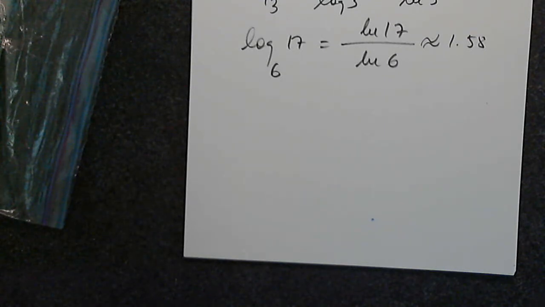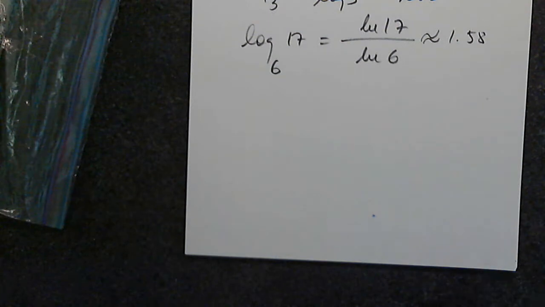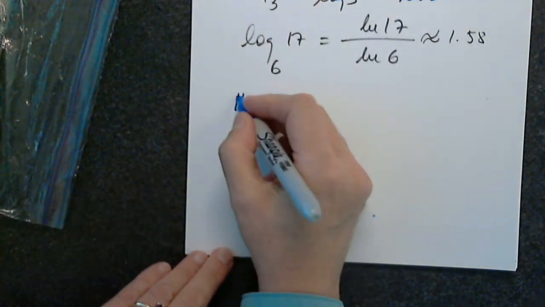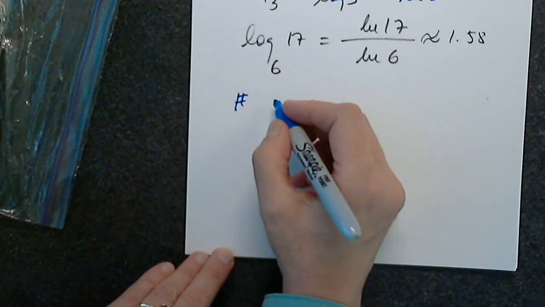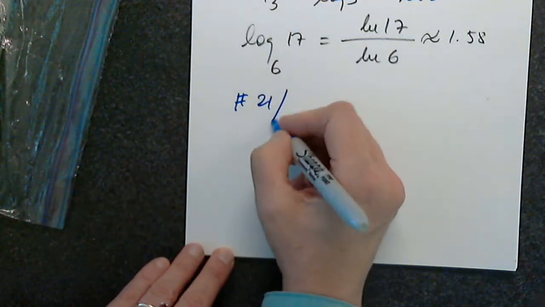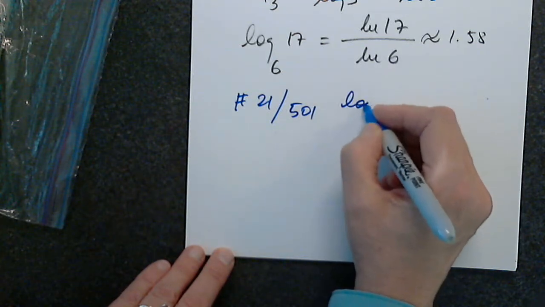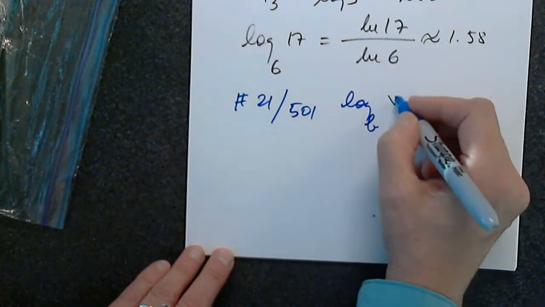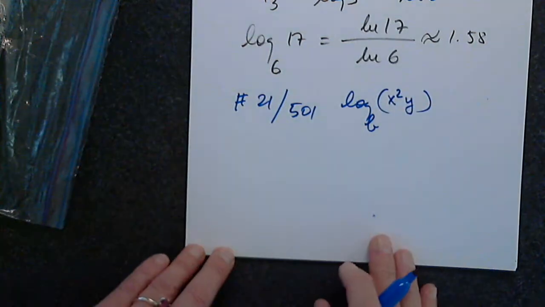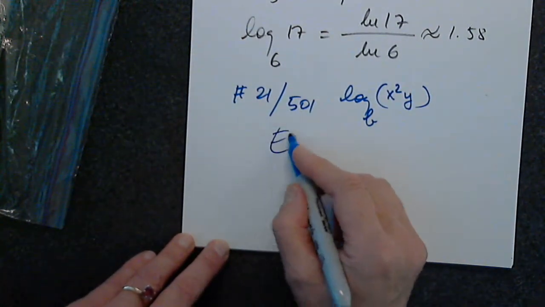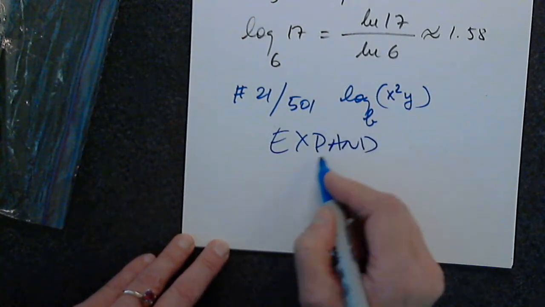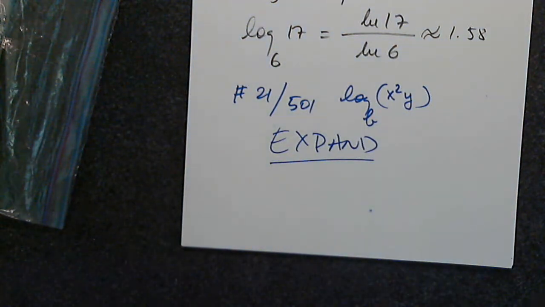So when we are given an expression like problem 21 on page 501, which is log base b of x squared y, we're asked to expand into simple logs.